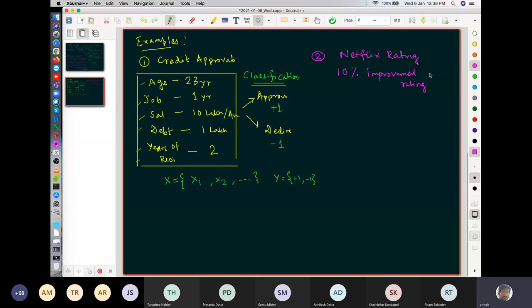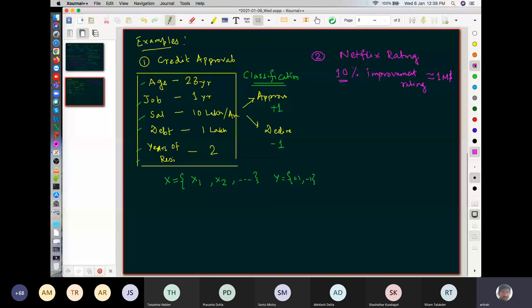Netflix said that if somebody could improve the existing algorithms' predictions by 10%, depending on the closeness to the actual rating, they would give a $1 million prize. And it took 10 years to get to a 10% improvement in the rating.